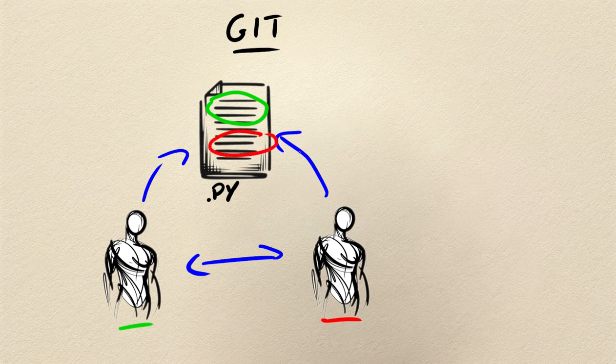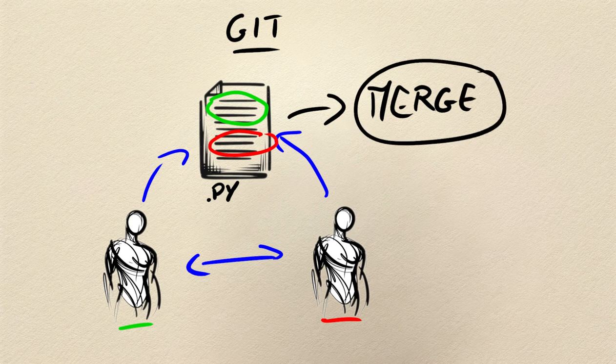Then it's going to be easy for GitHub to merge it. So this is the main problem that GitHub is solving. If you don't have that problem, because there is no one else and you're the only one working on something, then there is no point in using GitHub for that.